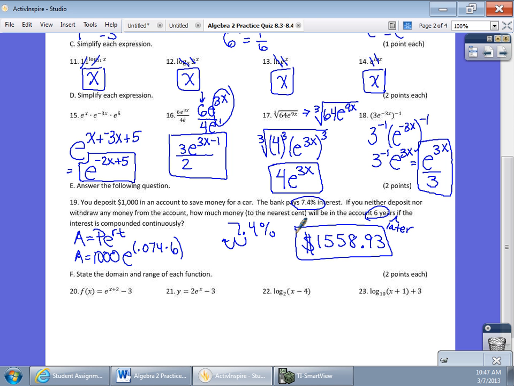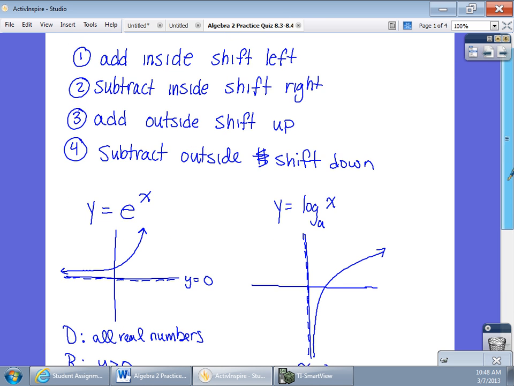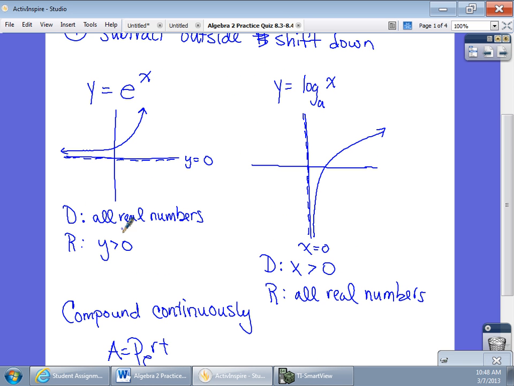Now we have to do the domain and range of each function. Okay, and this is where it's going to come into play that we have to remember vanilla exponential and vanilla log. This is an exponential function here. Now typically for exponential functions, we can go back and look. For our exponentials, domain is all real numbers, y is greater than 0.